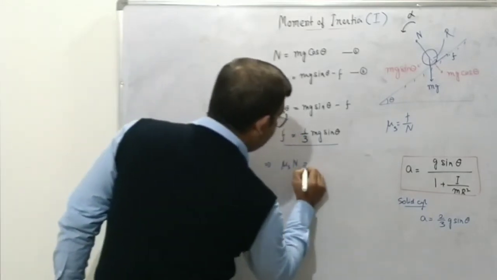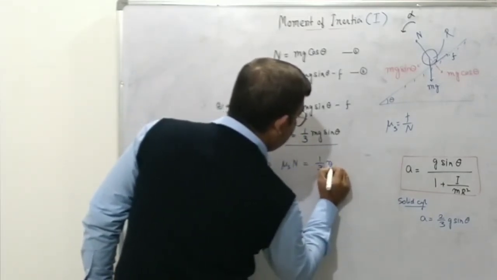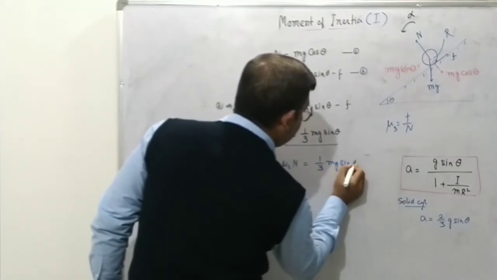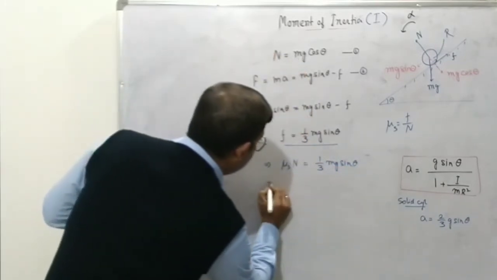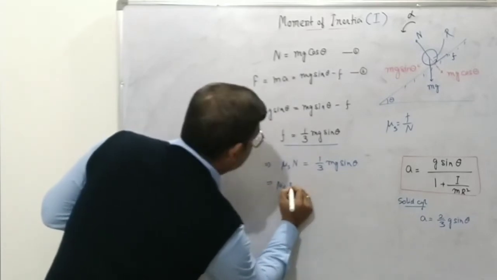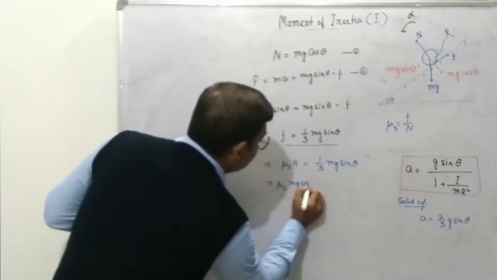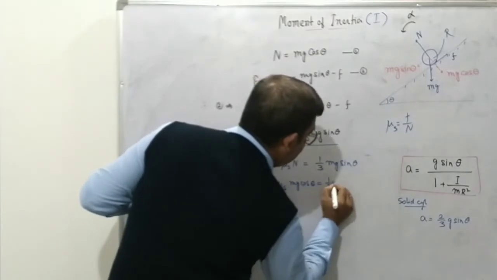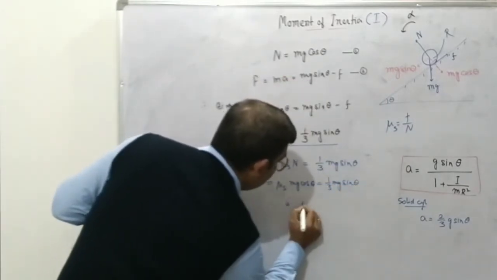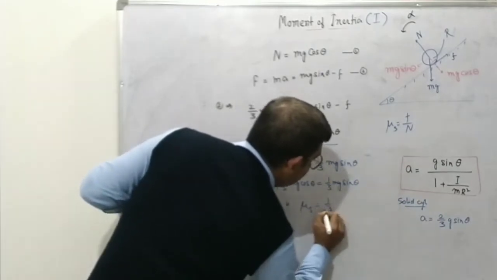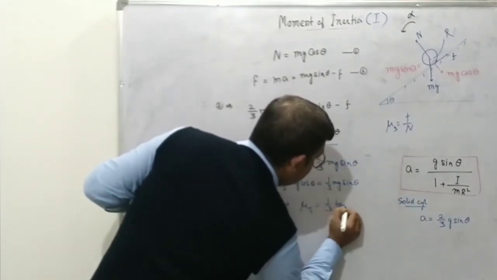So this equation will give us that this must be equal to 1/3 mg sine theta. If we substitute n from here, we get mu s mg cos theta must be equal to 1/3 mg sine theta. That is to say mu s must be 1/3 tan theta.